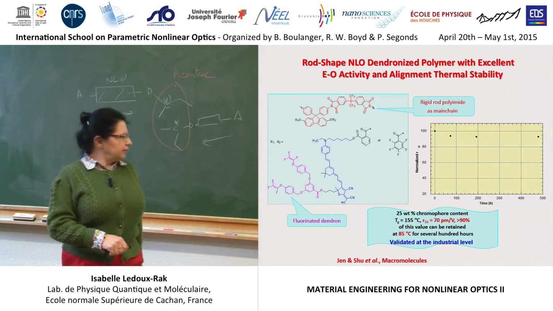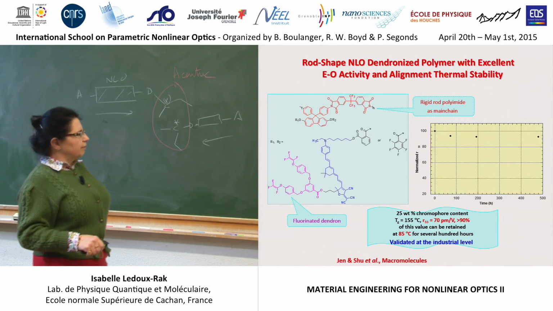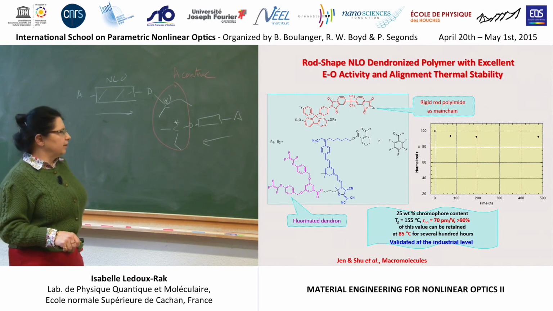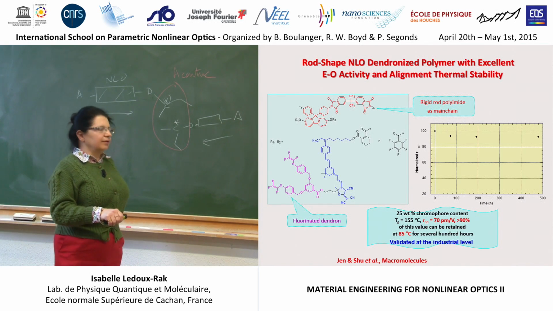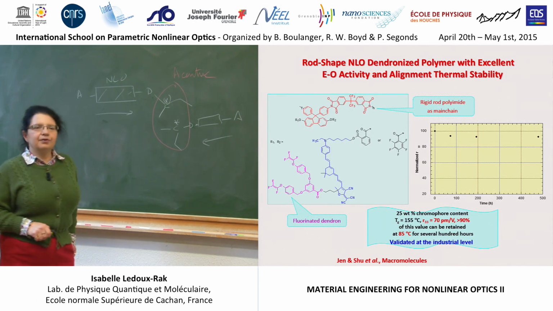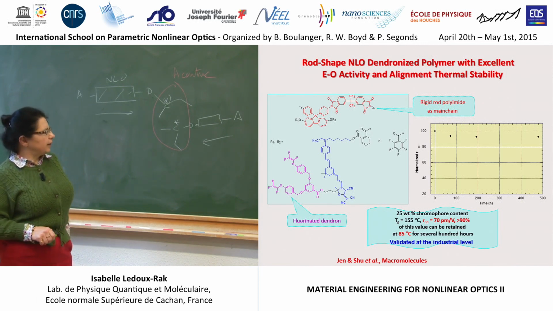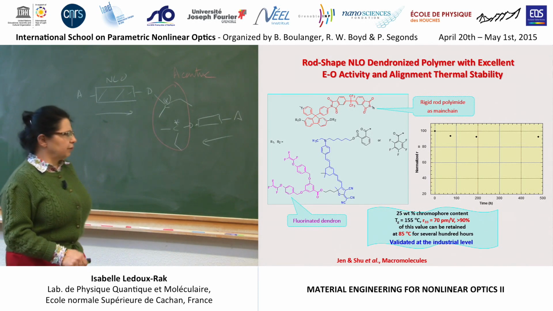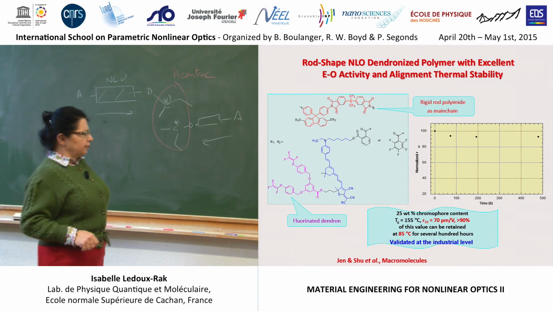And they were validated at the industrial level. They tried to make relatively large chromophore content, but it can be calculated that at this concentration, a lot of molecules also have an anti-symmetric dipolar alignment. But in spite of it, these performances were good, validated at industrial level.